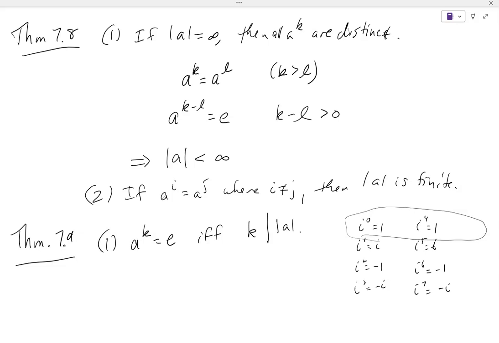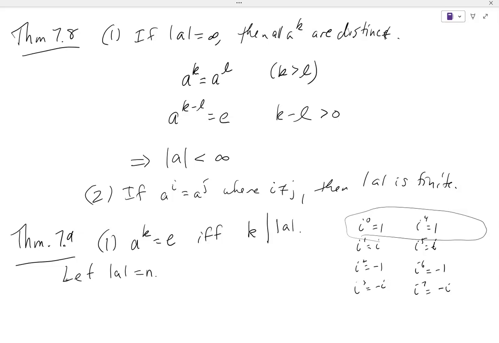So what's the proof? Just to simplify notation, let's say that the order of A is n. Now, what did I just say a minute ago? You knew that the only way you got to 1 when you raised i to a power is if you divided by 4 and got a remainder of 0. So the whole proof of this is going to be to divide the power by the order.